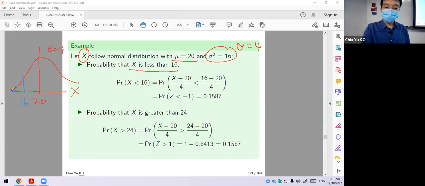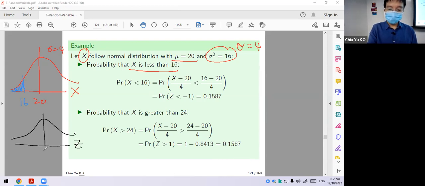So this is the area they want to know. What we are doing is transforming this to a Z. Again, a bell, but now we have a mean of 0 and sigma of 1. The first thing is to know what the number is here.